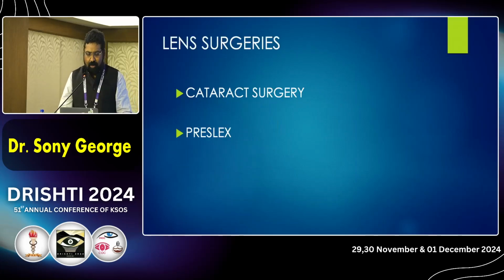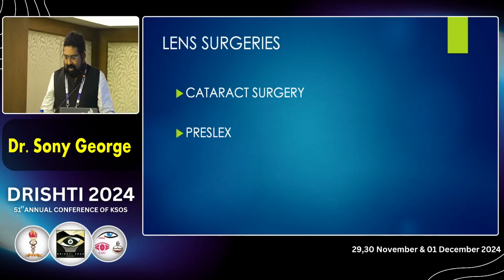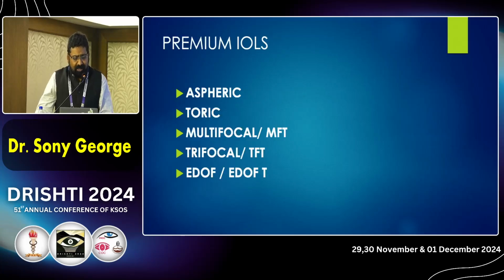So basically, whether it's cataract surgery or a presbyLASIK, it has to be precise and deliver accurate results. No amount of residual error will be accepted. Even higher order aberrations will be poorly tolerated.